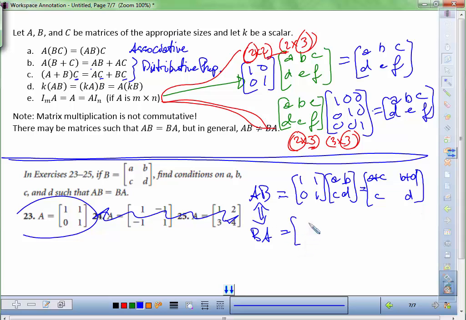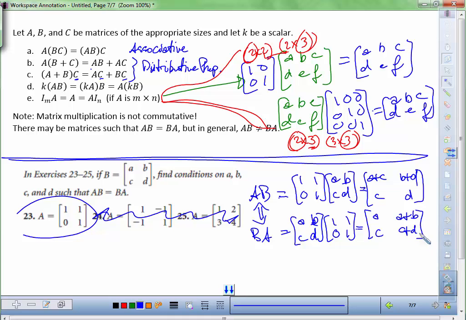And then the backwards, A, B, C, D times 1, 1, 0, 1. So the matrix multiplication for this is going to be A, A plus B, C, C plus D.